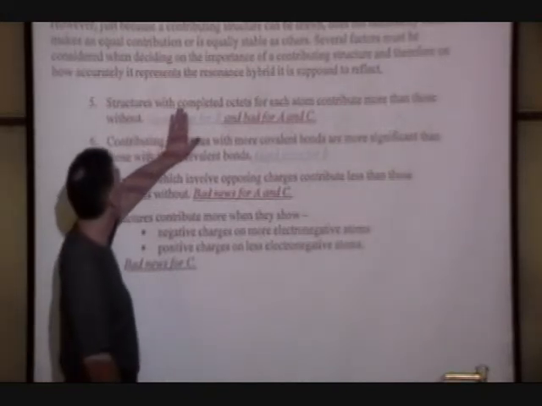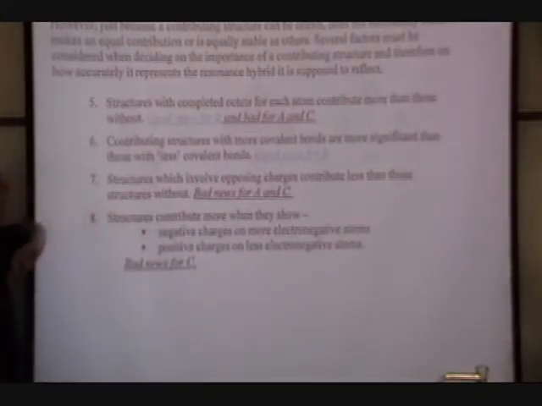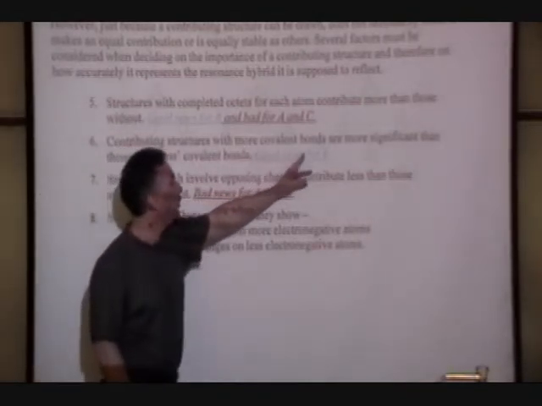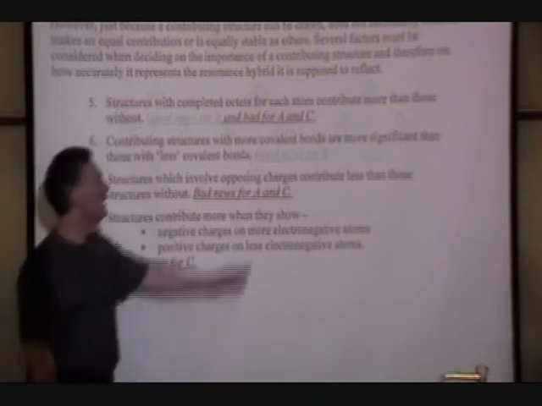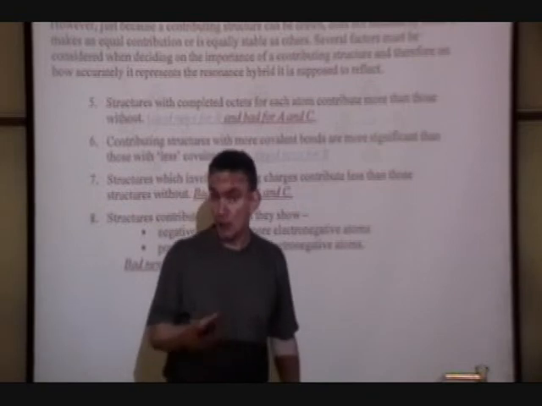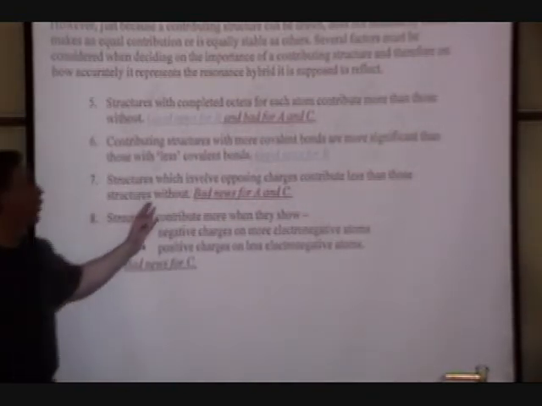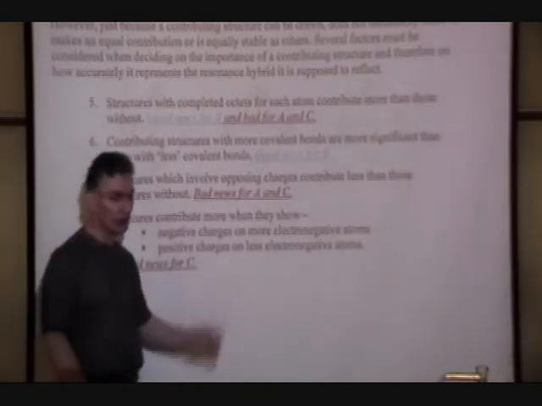Again, just running through these rules. Structures with completed octets are good. Contributing structures with more covalent bonds are more significant than those with fewer. Again, it's the same kind of idea, as with the covalent bonds in B, giving each of those atoms a completed octet. Structures which involve opposing charges contribute less than those that don't have those opposing charges.